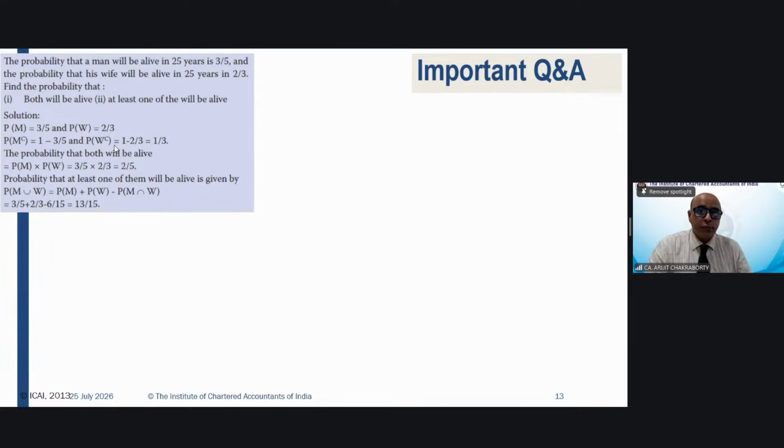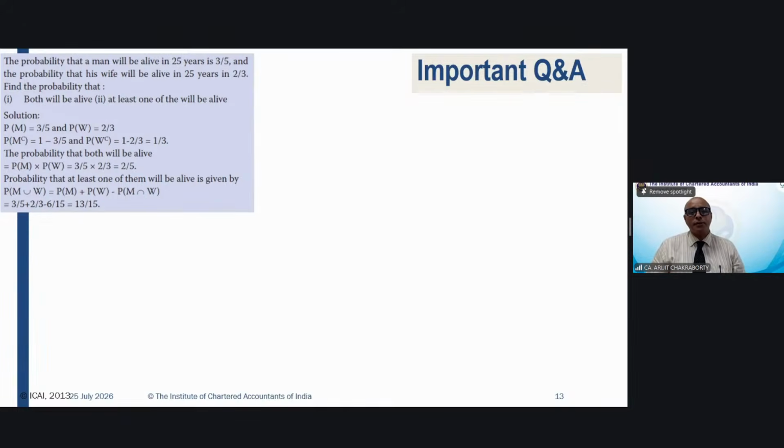Let me also tell you from here, probability has a tremendous impact and application in insurance. Mortality tables. You know, there is a subject called actuarial science, and professionals known as actuaries. If you just do a quick online search, you will find the entire world of insurance and actuarial valuation depends on probability.